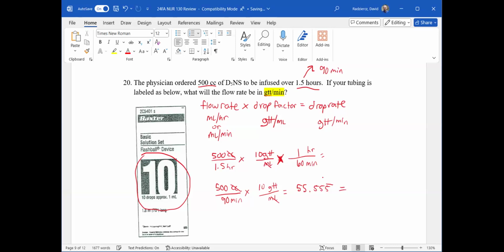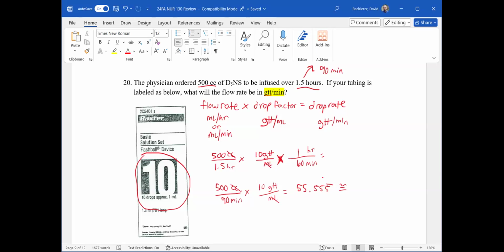Now, unlike milliliters, you cannot give a partial drop. The patient either gets a drop or it doesn't drop. So when it comes to drops, we're introducing a new rounding rule. The new rounding rule is drops are rounded to the nearest whole number.